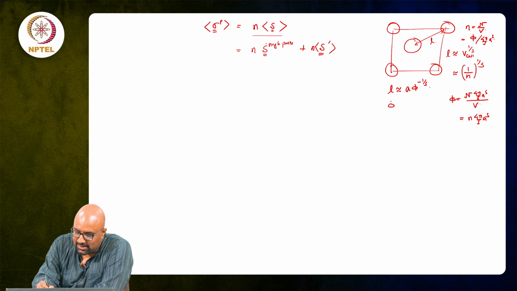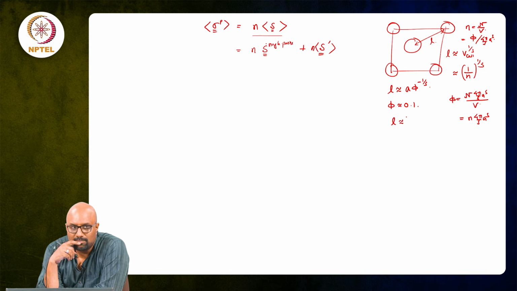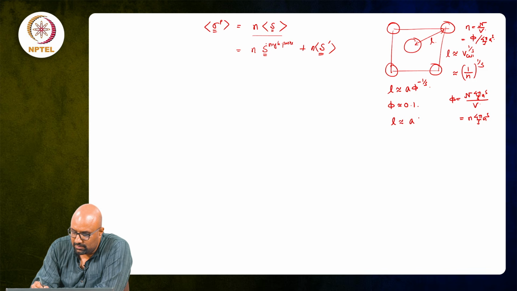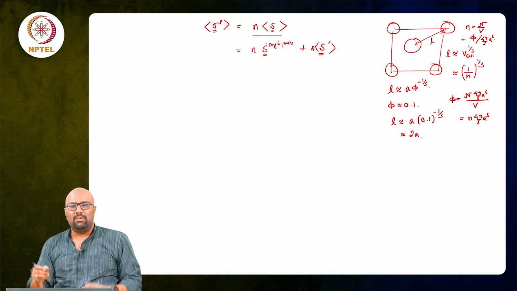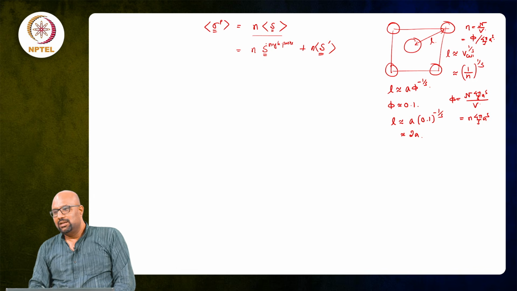So, if phi is around 0.1, 10% volume fraction, what would be L? A into 0.1 raised to the power minus 1/3, which is approximately 2 times a, which means the spacing between center to center is 1 diameter.